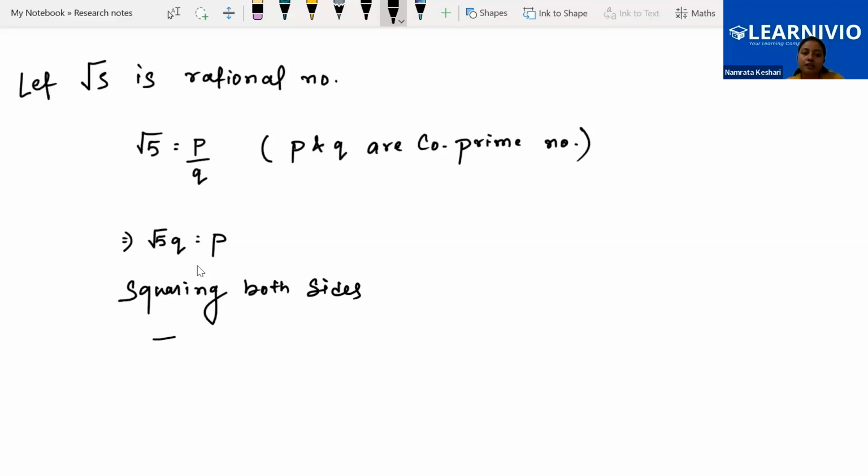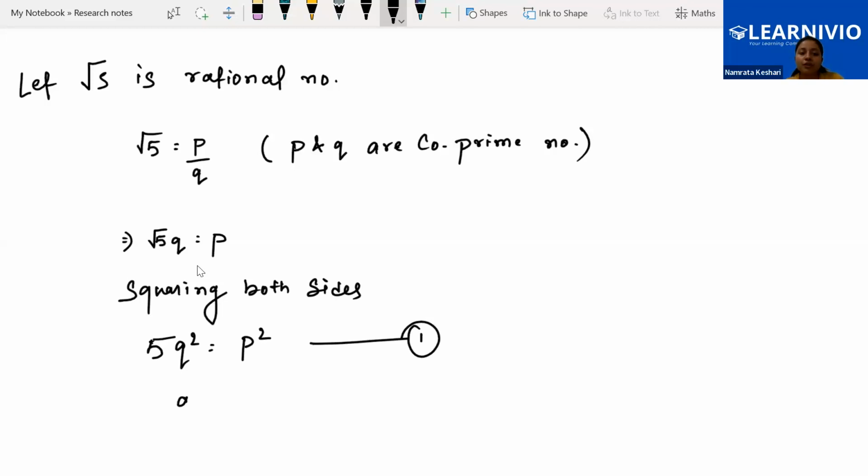We'll be getting 5q square equals p square. This is our equation number 1, and from here we can make one conclusion.